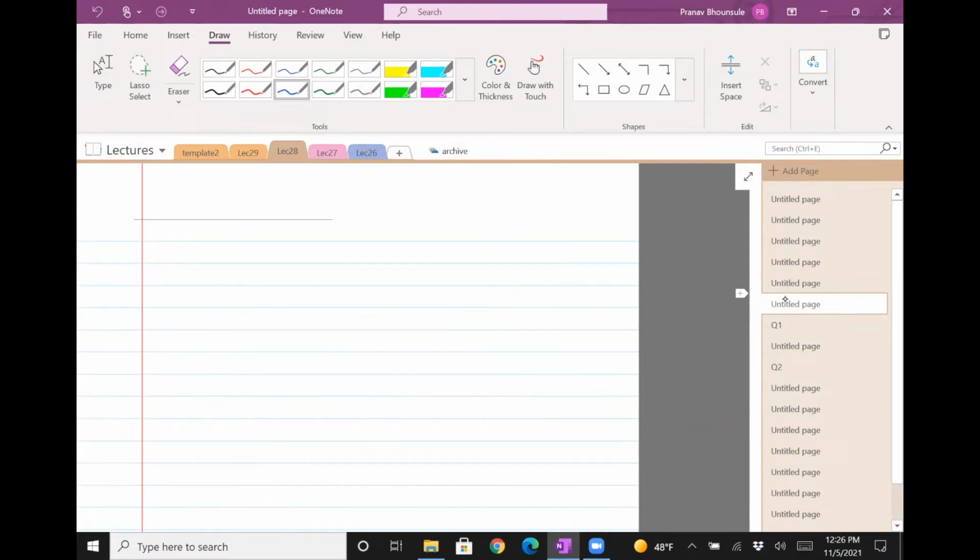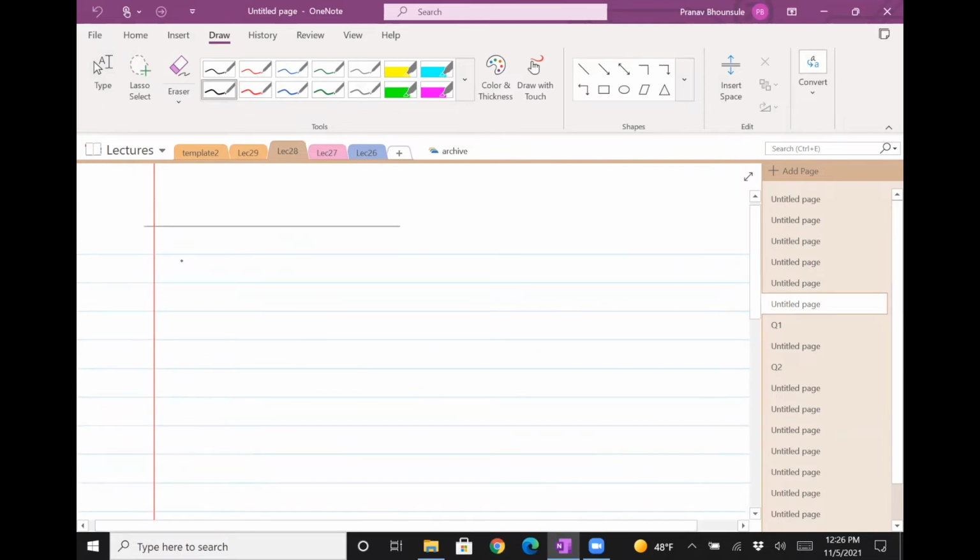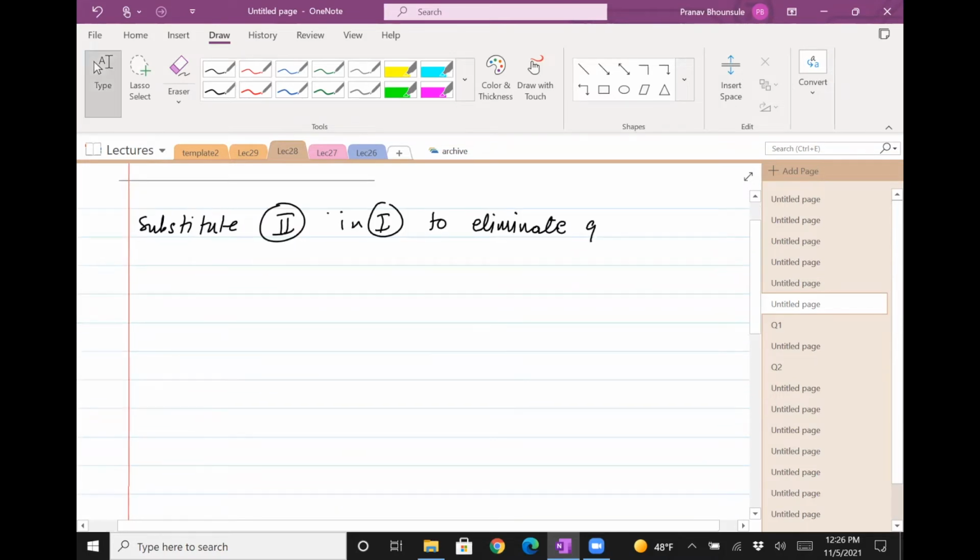So to make life easy, we can simplify, substitute 1 or 2 in 1 rather, to eliminate Q. So we get the following expression: Kf equals 1 plus (Kt minus 1) divided by (1 plus square root of A divided by square root of R).